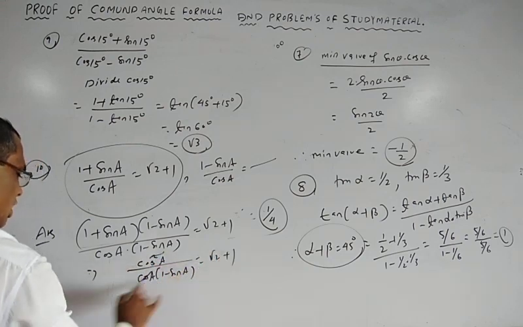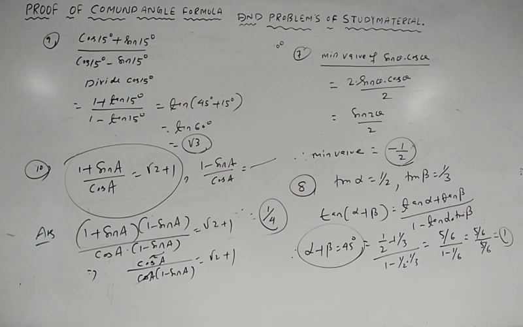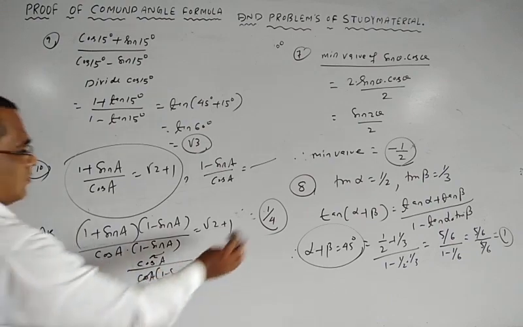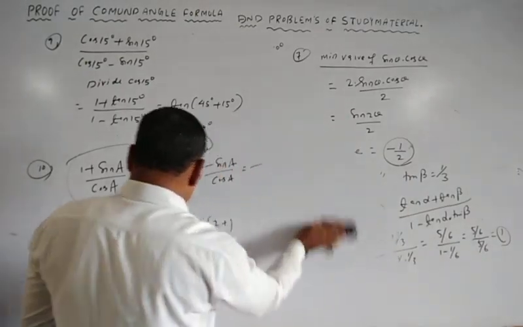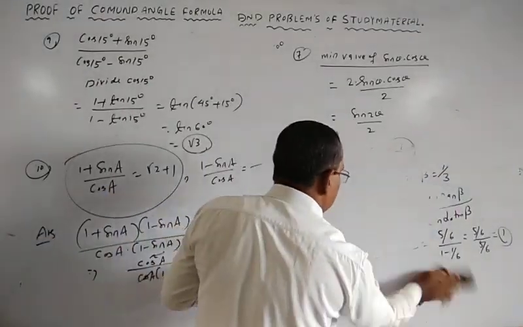So cos square A, one cos cancels. We get cos A by 1 minus sin A, but we are asked for 1 minus sin A by cos A. Take its reciprocal, that is 1 by, that implies 1 minus sin A by cos A.